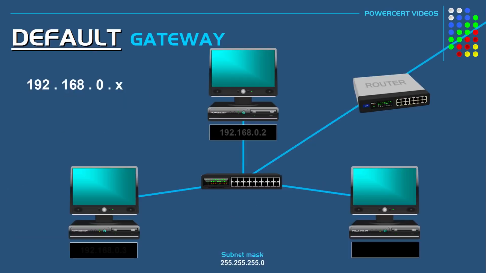Any computer or device on a network where the first 3 numbers of the IP address are 192.168.0 means that those computers are on the same network, which means that the computers can talk directly to each other without exiting through the default gateway. The host portion is what's uniquely assigned to devices, such as computers.